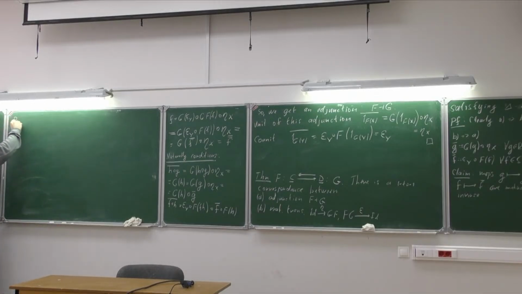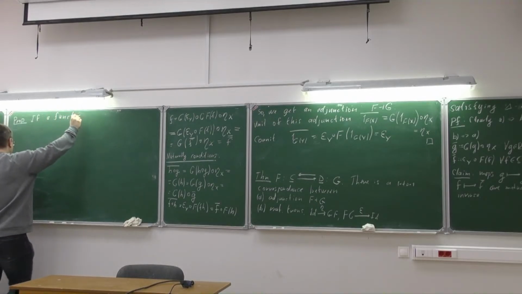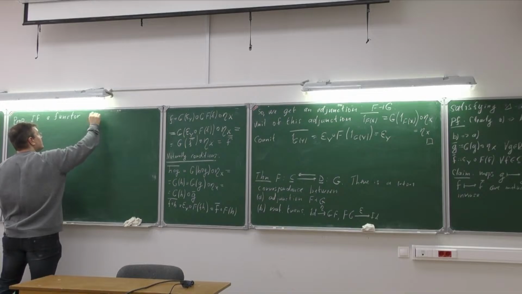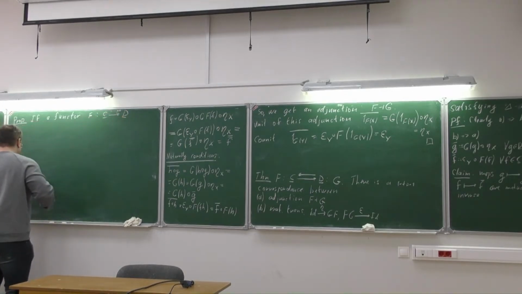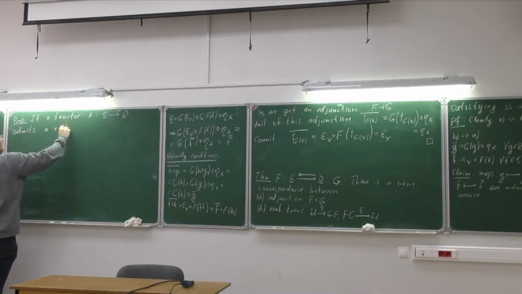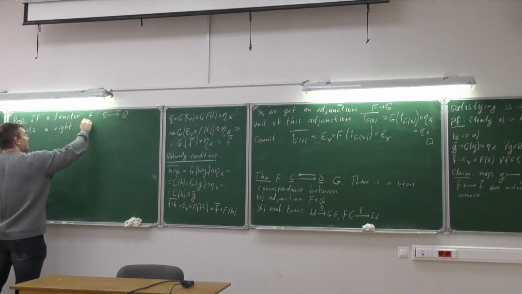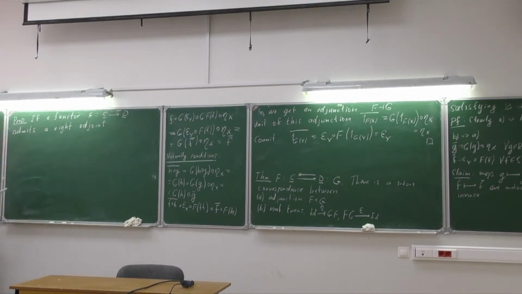So proposition. If a functor f from category C to the category D admits a right adjoint, and notice this is indeed a condition.